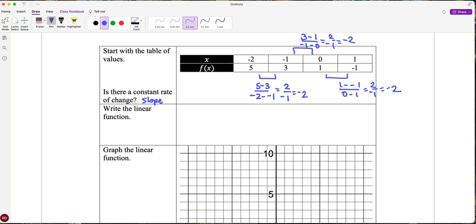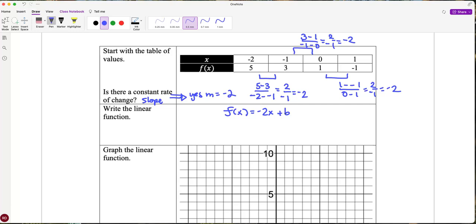Is there a constant rate of change? Yes, m equals -2. So write the linear function f of x equals -2x plus b.